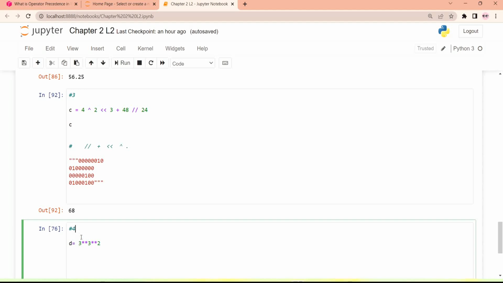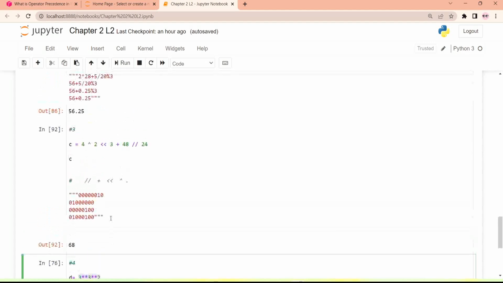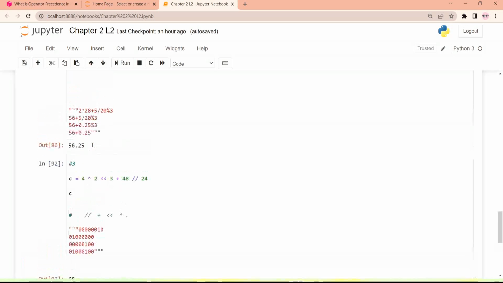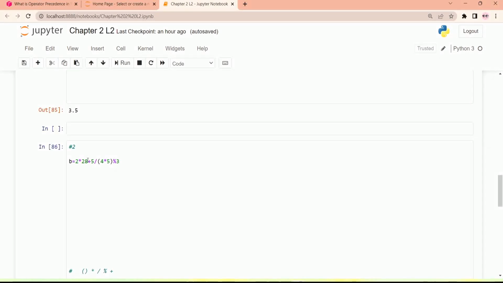Coming to the next problem, we have 3 exponent 3 exponent 2. Until here, we have seen that if multiple operators with the same precedence level are there, we have evaluated from left to right, like star, then division, then percentage. These have the same precedence level, that's why we used left to right associativity.